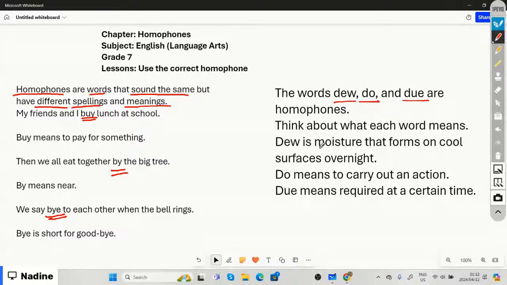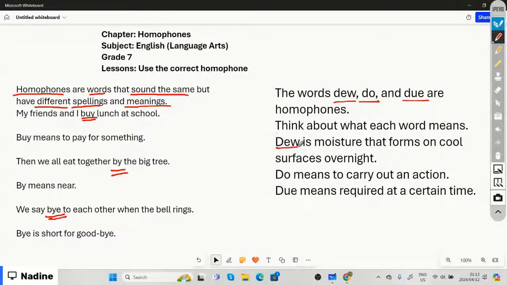So we need to think of what each one of these means.